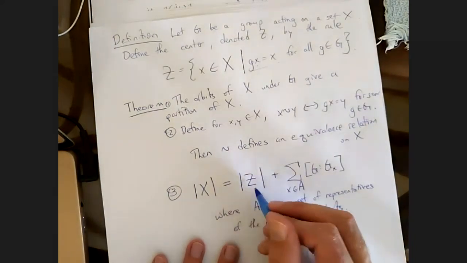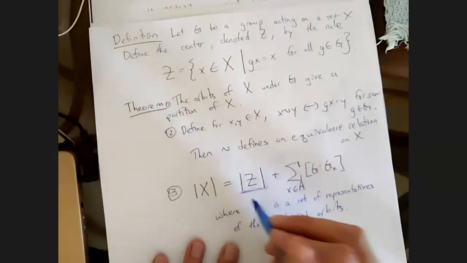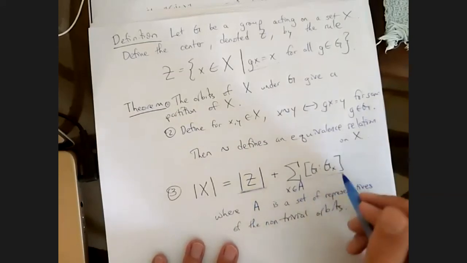Because all the orbits of size 1 are in the center, so all the orbits of size bigger than 1 are here.